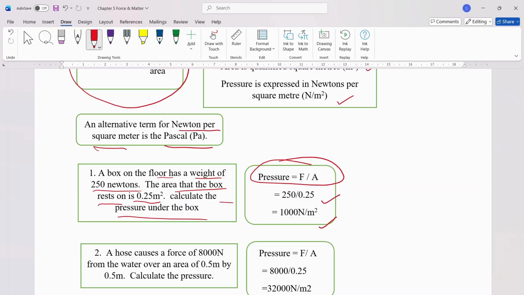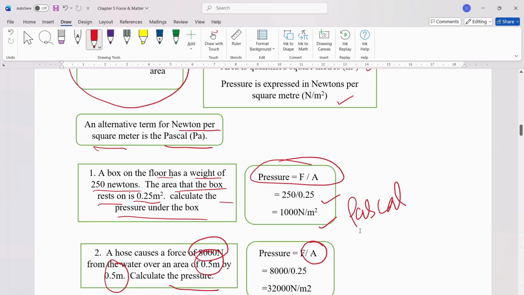We divide and get the answer 1000 pascal, or you can say newton over meter square, same thing. Second numerical: a hose causes a force of 8000 newtons from the water over an area of 0.5 meter by 0.5 meter. Calculate the pressure.